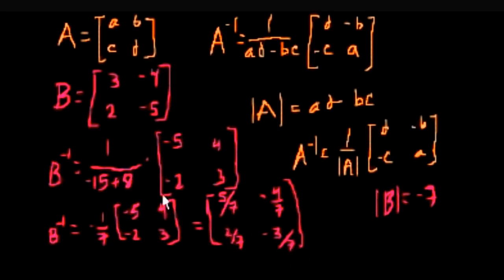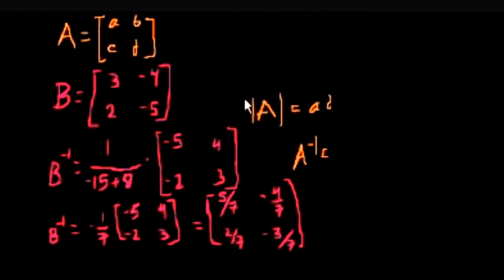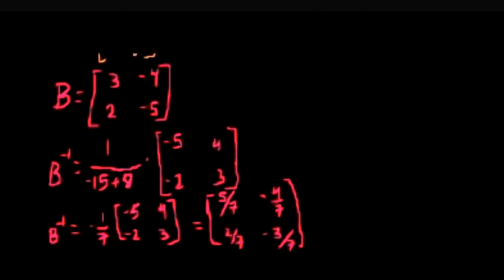But let's confirm that this really is the inverse of the matrix B. Let's multiply them out. Before I do that, I should create some space. Okay, so let's confirm that this times that is really equal to the identity matrix.